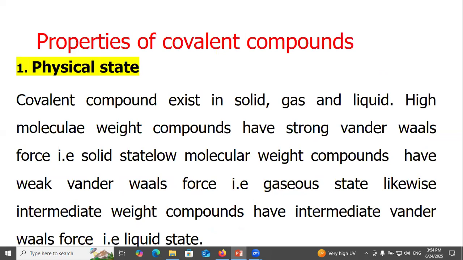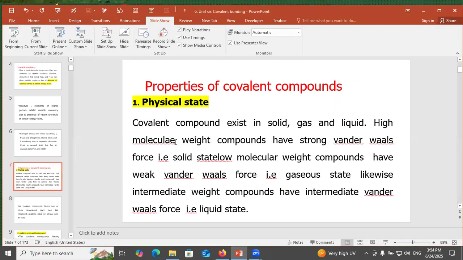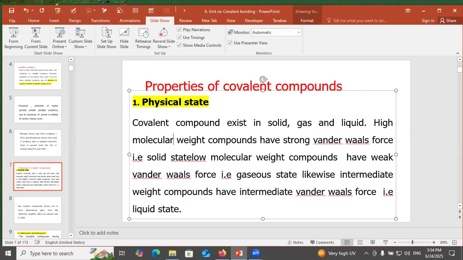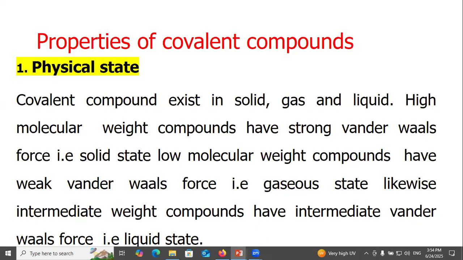Properties of covalent compounds, physical state. Covalent compounds exist in solid, gas, and liquid. High molecular weight compounds have strong van der Waals force, that is, solid state.